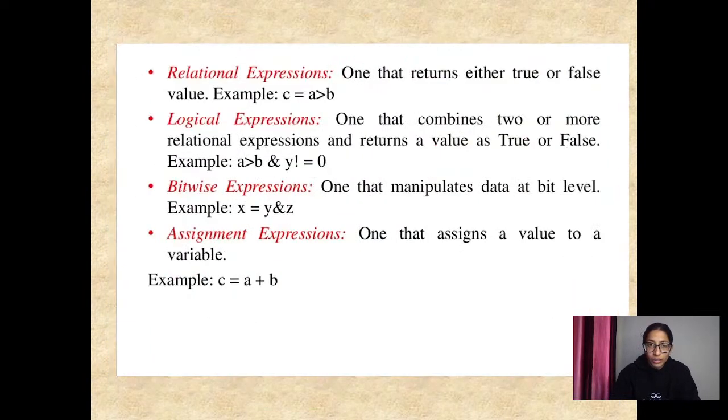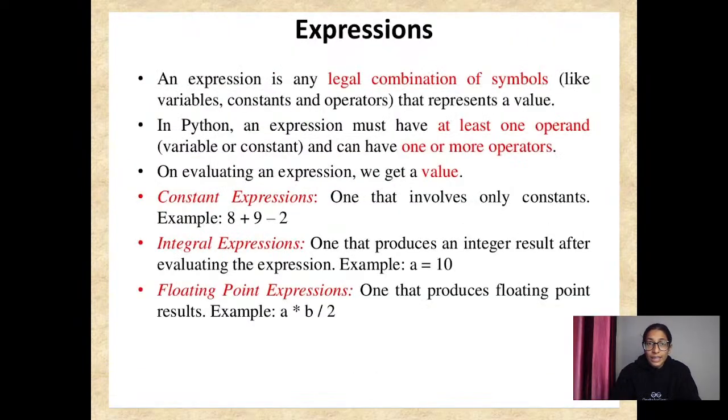We read about that. Now expressions have a different meaning. In Python, an expression is a legal combination of symbols like variables, constants, and operators that represent some value. An expression must have at least one operand, which is defined by a variable, a constant, or one or more operators.